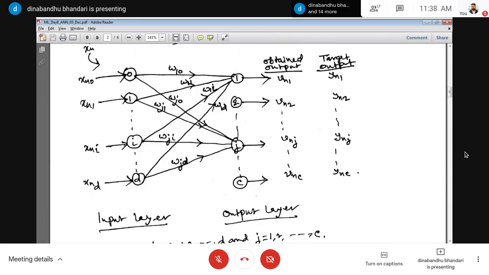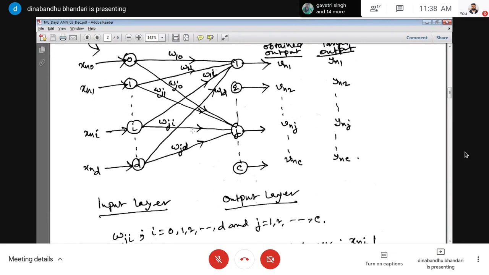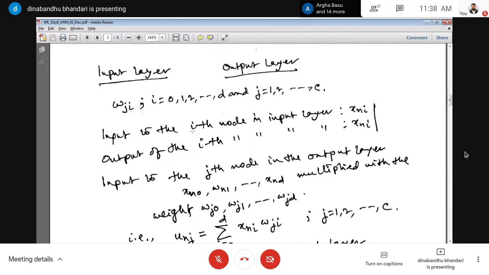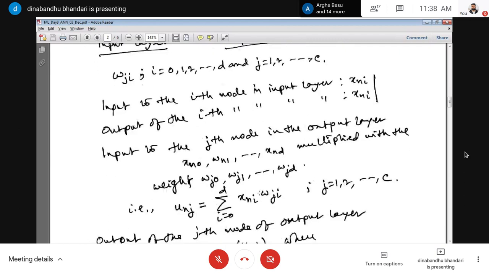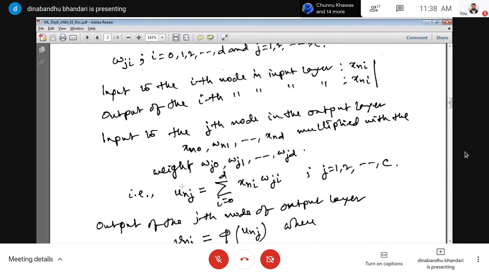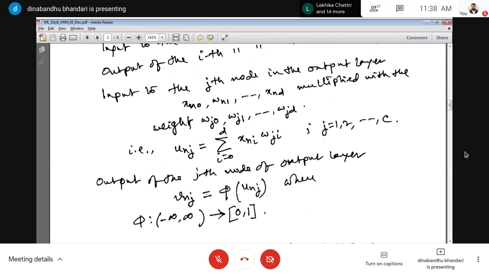As I said, xn0 wj0, xn1 wj1, xni wji, xnd wjd, and that is true for all j equal to 1 to c. So we calculate the total accumulated input in the jth node, and then the output of the jth node will be, as I said, there is a function we use in the output layer, and that function's argument will be this sum.